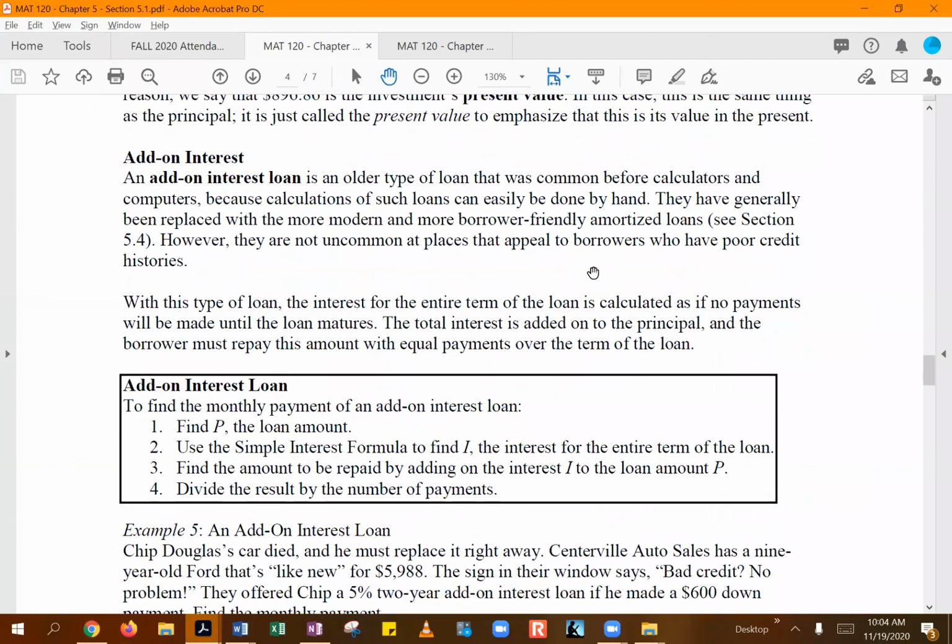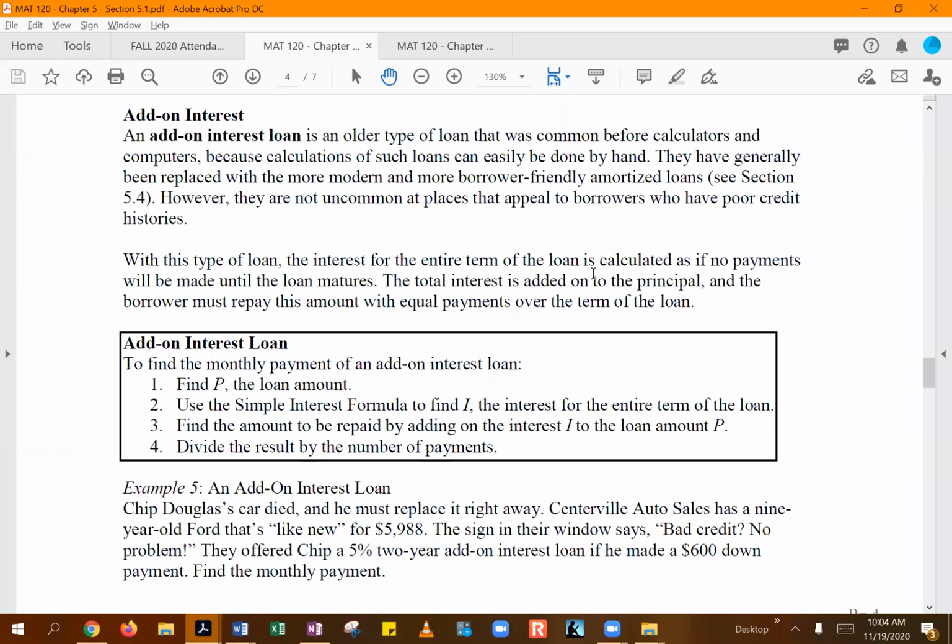So the next thing we want to get into is the add-on interest. When we're talking about the add-on interest rate loan, as you can see, this is an older type of loan, from before calculators and computers came about. So these calculations could be done by hand.